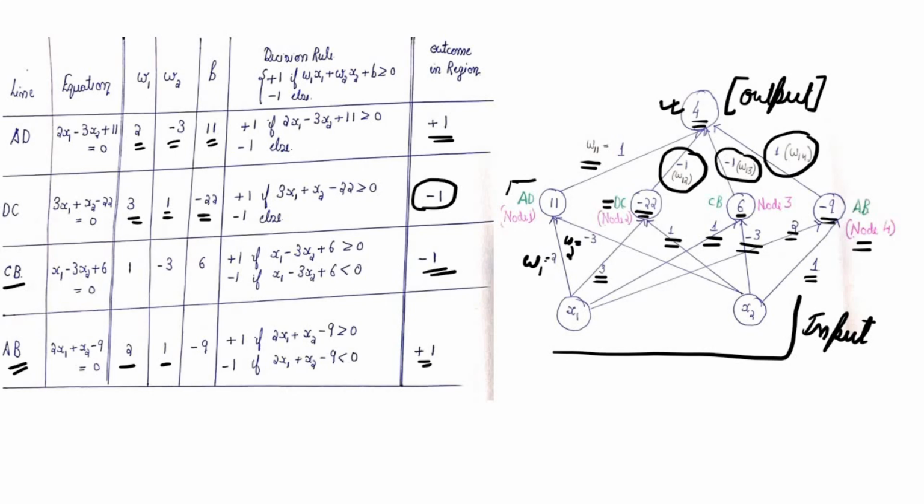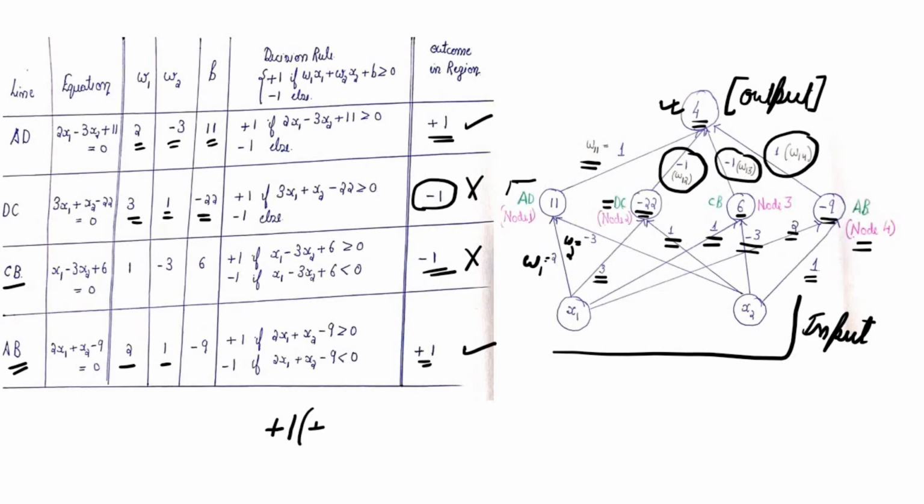So as we discussed previously, the correct predictions are made by the model if we listen to AD and AB and do exactly the opposite of what DC and CB say. Now, if I listen correctly to AD, then we have the outcome of the decision as plus 1.